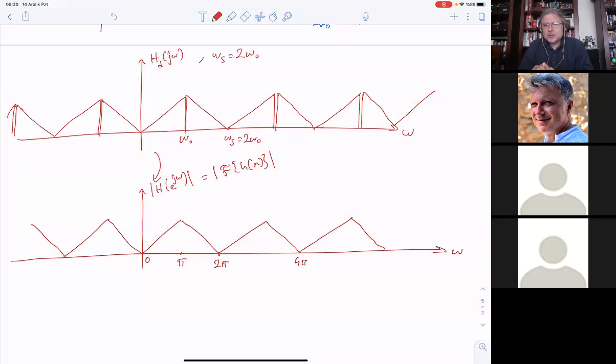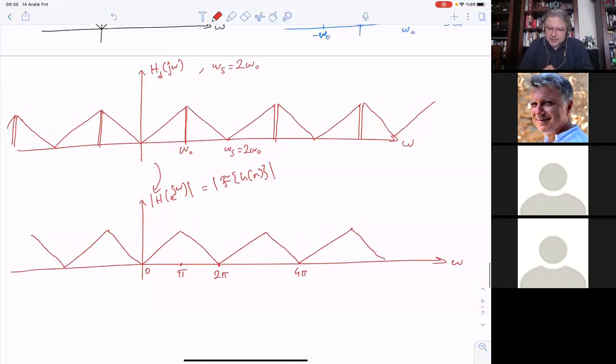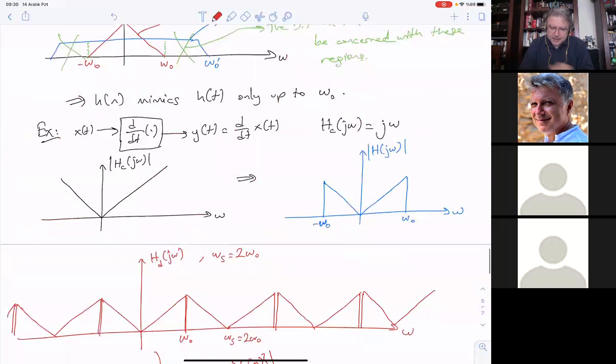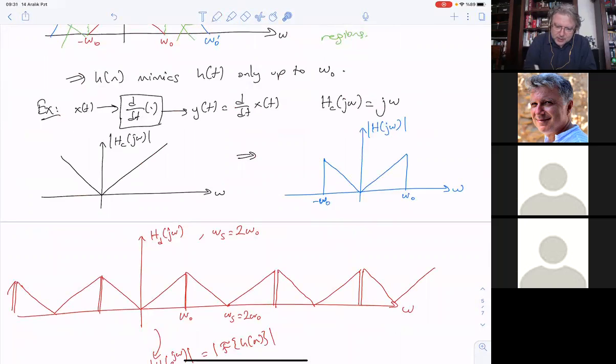So when I ask you the question, what is the frequency response of the discrete time filter? So this is our question. I give you this input-output relation, all right? And I want you to implement it using discrete time filters.